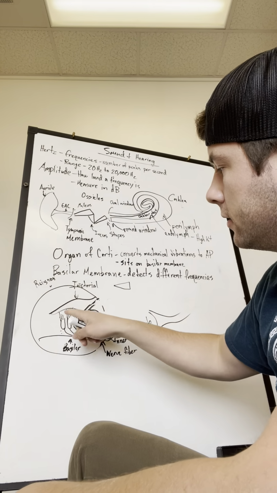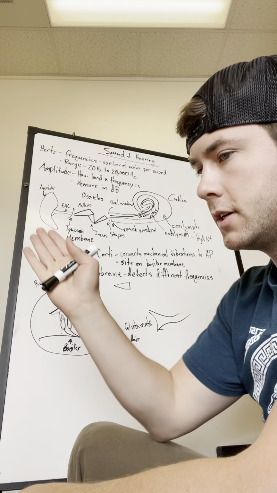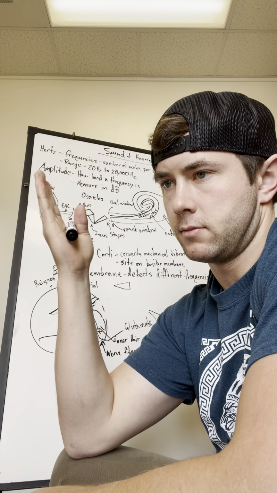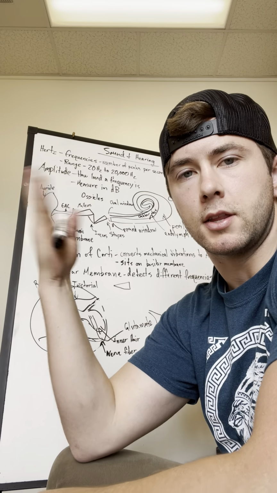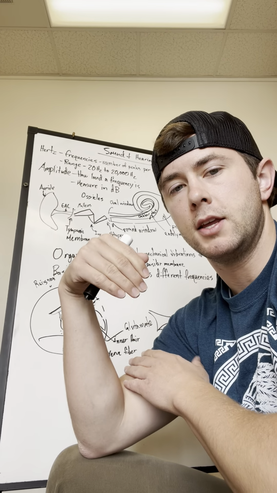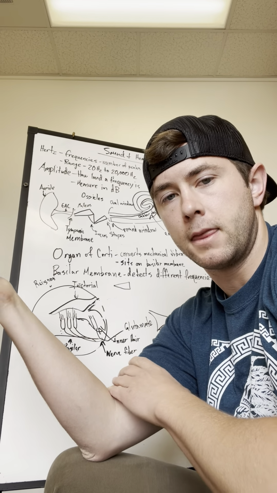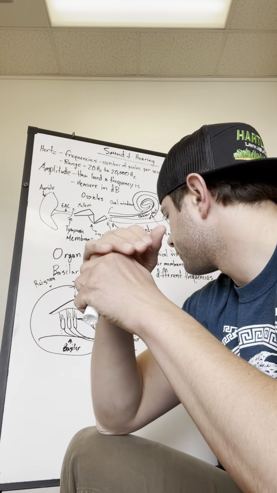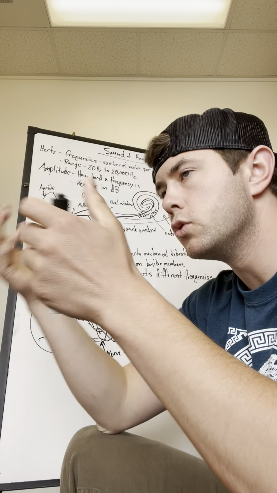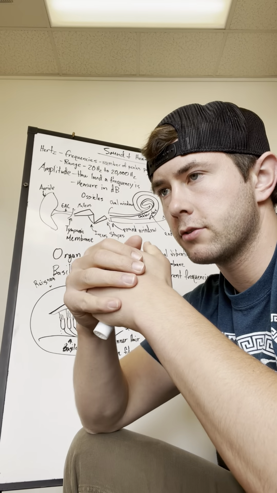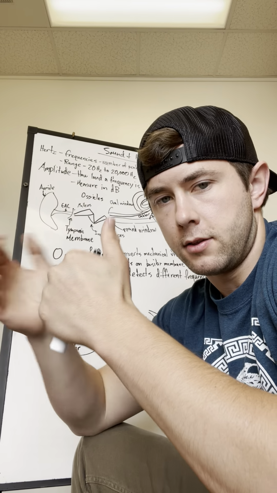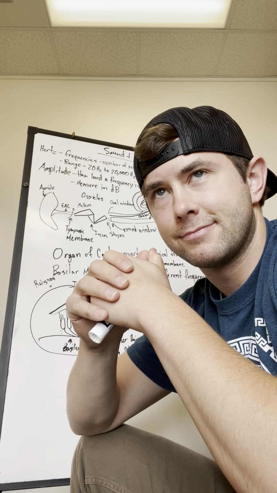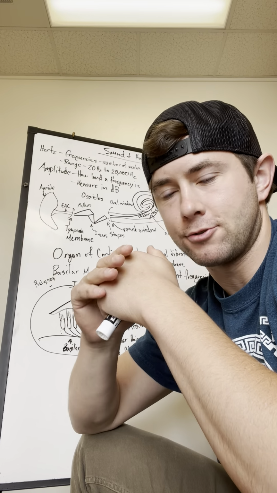So what's going to happen is we're going to pull on these hair cells and once they have tension on them and they move, they're going to allow potassium in. That's going to depolarize the hair cells. When you depolarize it, you allow calcium in, much like other neuron graded potentials or action potentials.